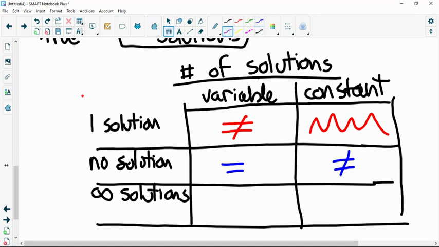And then for infinitely many, the variable terms will be the same and the constant terms will be the same.